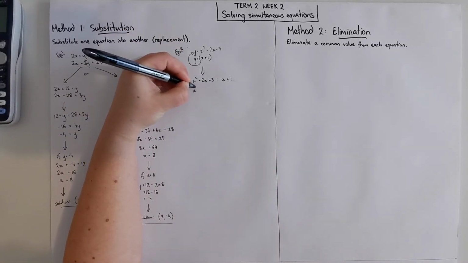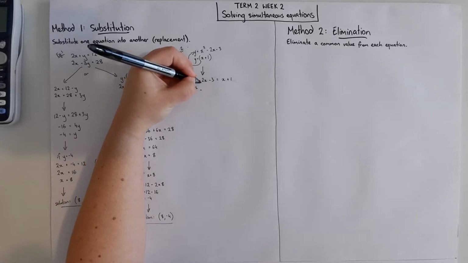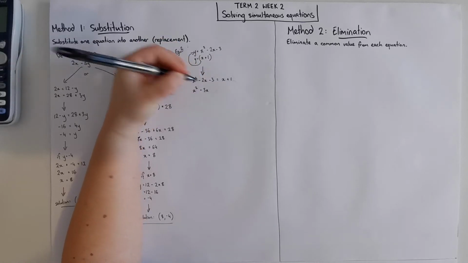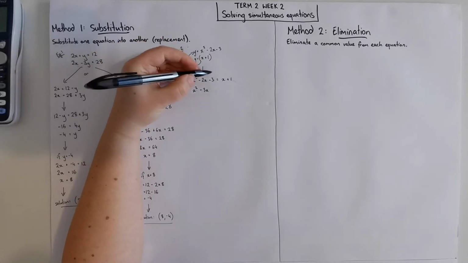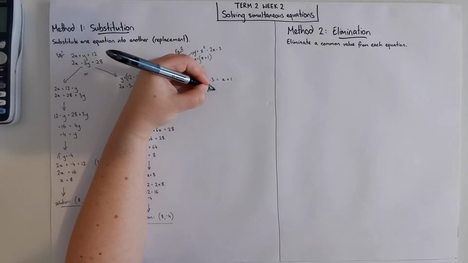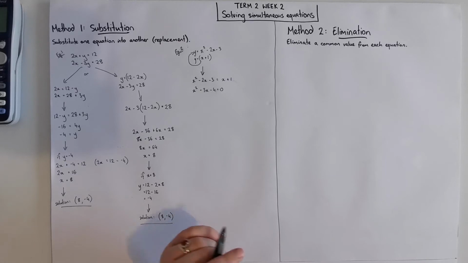So there's no other x squared term, so that has to remain. Negative 2x subtract another x leaves me with negative 3x. Negative 3 subtract my 1 from here gives me negative 4. And now I have a quadratic that equals 0, meaning that I can factorize and solve it.